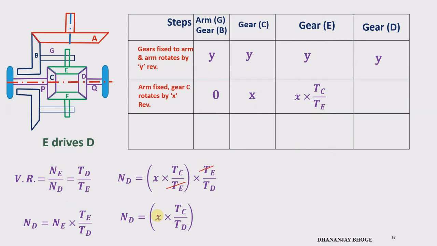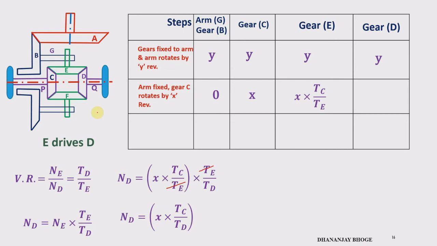Now tell me about the sign convention. Do we use it here? Because E drives D in the opposite direction. Very good. Why? Because the axis of gear D is parallel to, the same as, the axis of the gear train. Now we will use the sign convention. See how the sign convention comes.